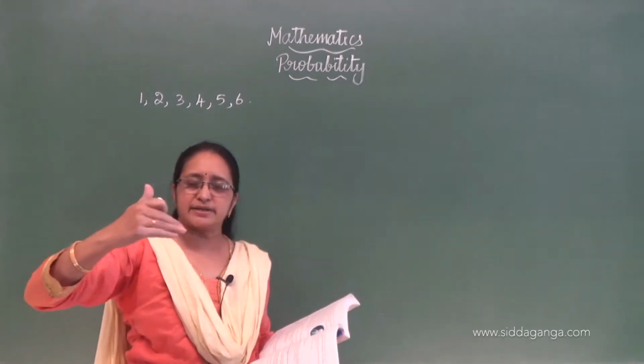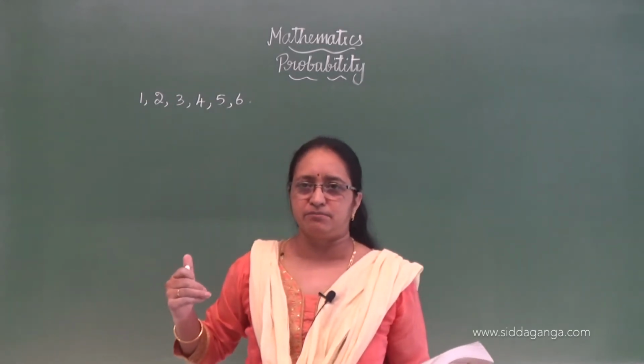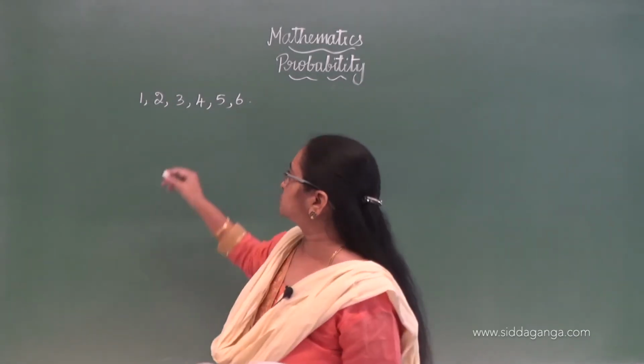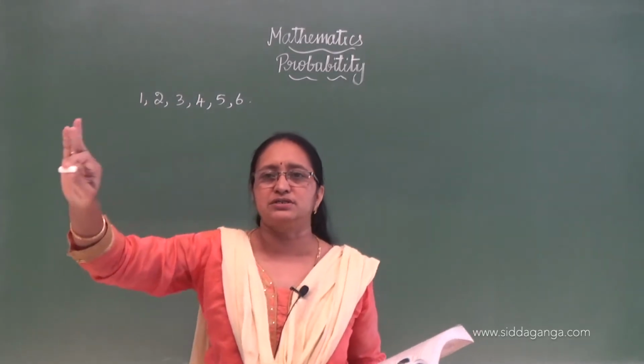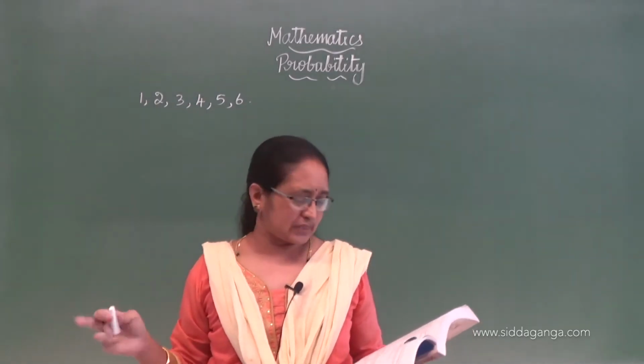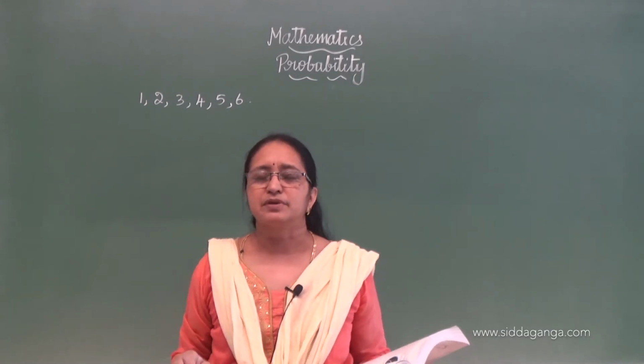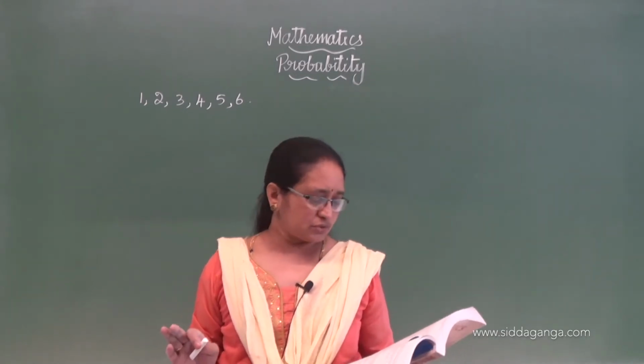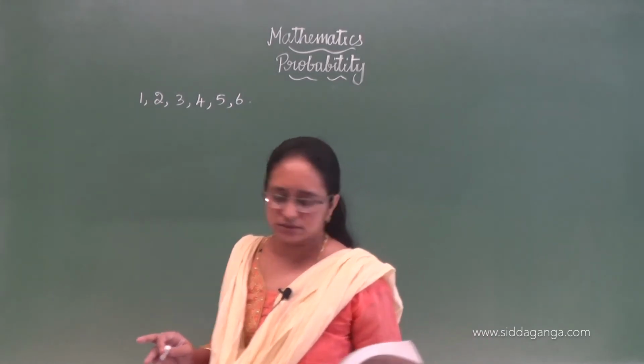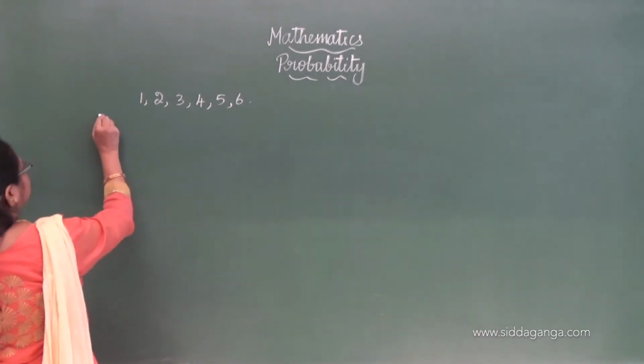But how to write in a proper order is very, very important. Don't write simply P of E is equal to and write the answer. That is not needed. See, each and every step there will be marks. So you have to write like this. You have to start like this.